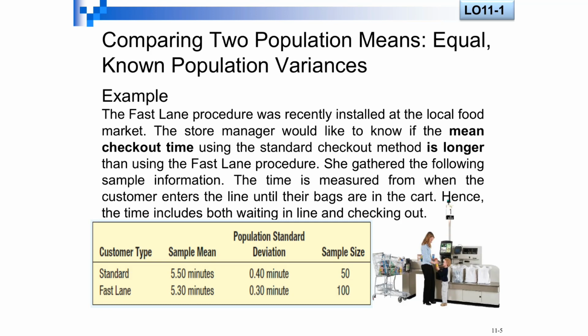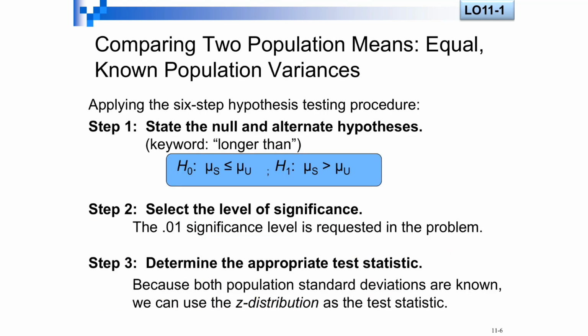She gathered the following data, and the time includes both waiting in line and checkout time. They give us the sample means, the population standard deviation already given, and of course the sample size.